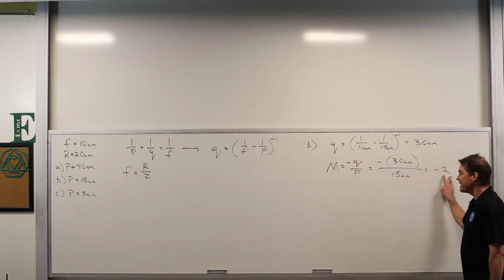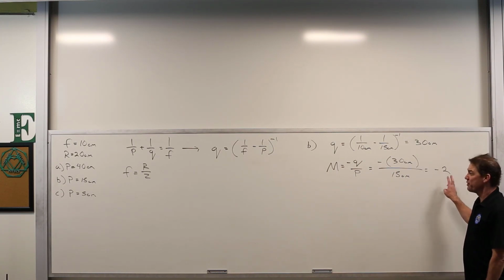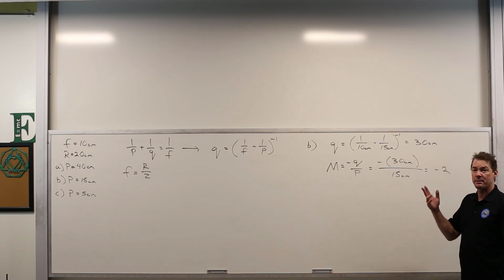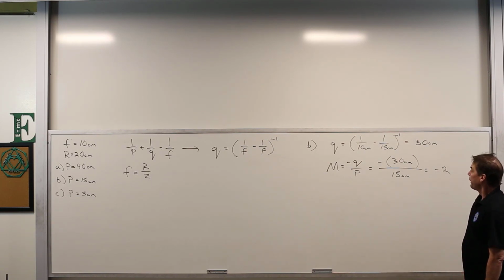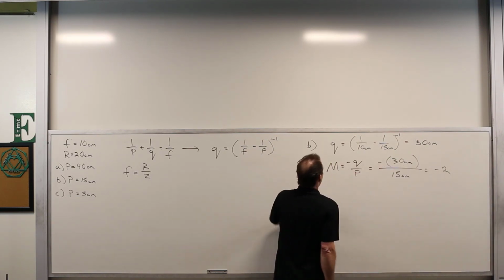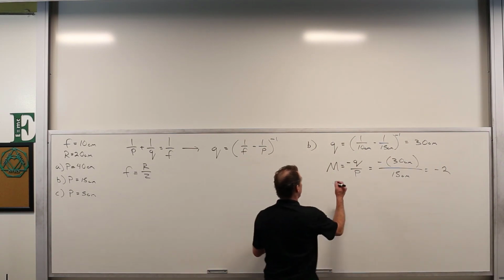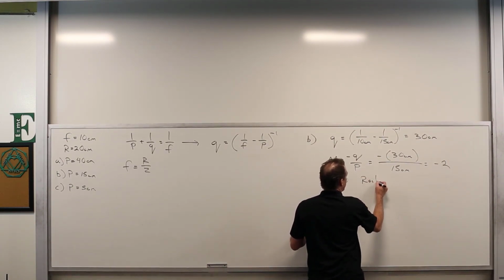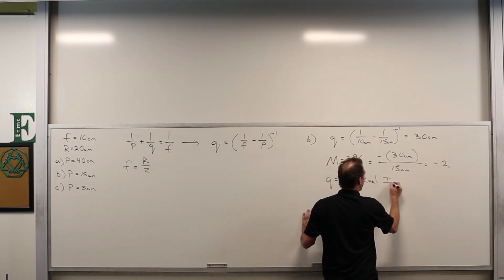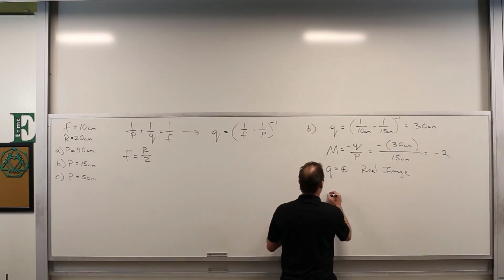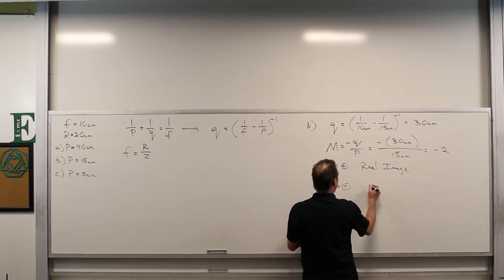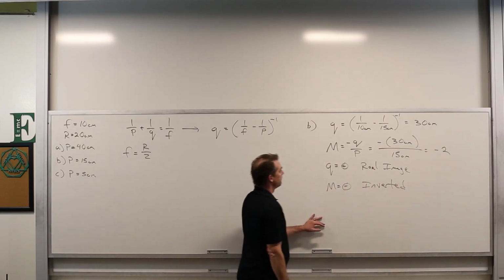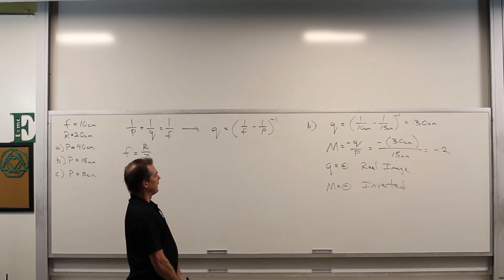The 2 says that the image is twice the extent of the object, 2 times as large. And that's what we've got with this. We've got Q is positive, M is negative, Q equals plus. We've still got ourselves a real image. M is equal to a negative, inverted. And there we go.